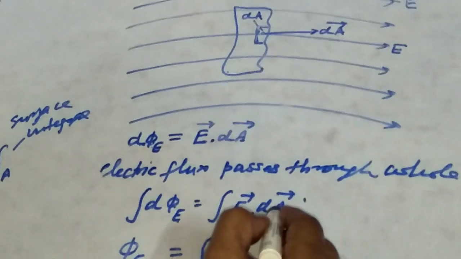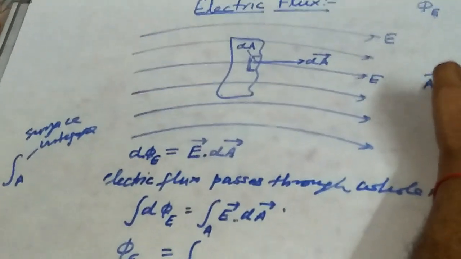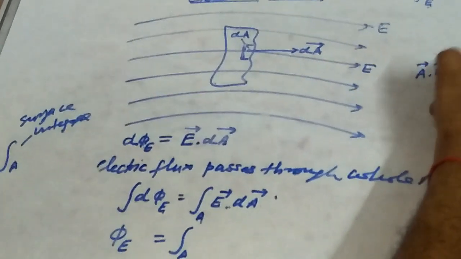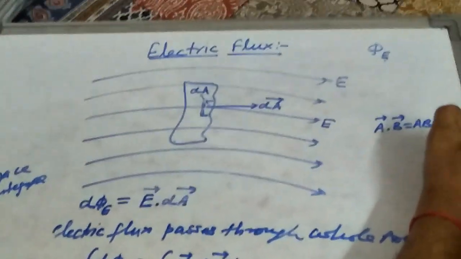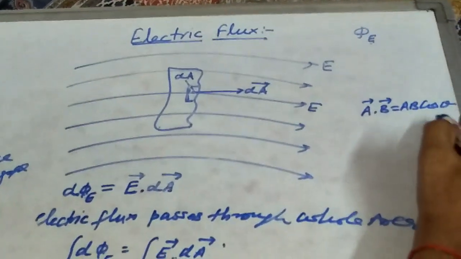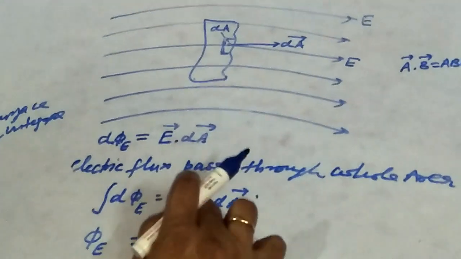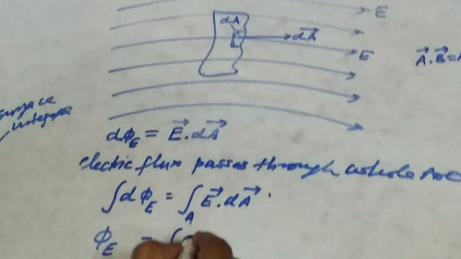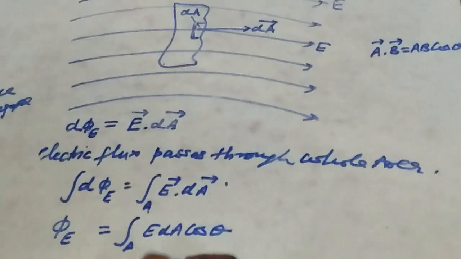Dear student, all of you know the dot product of two vectors. Suppose A and B are two vectors, then their dot product is given by A dot B is equal to AB cos theta, which you have already studied in class 11th. So in place of E dot dA, you can write E dA cos theta.